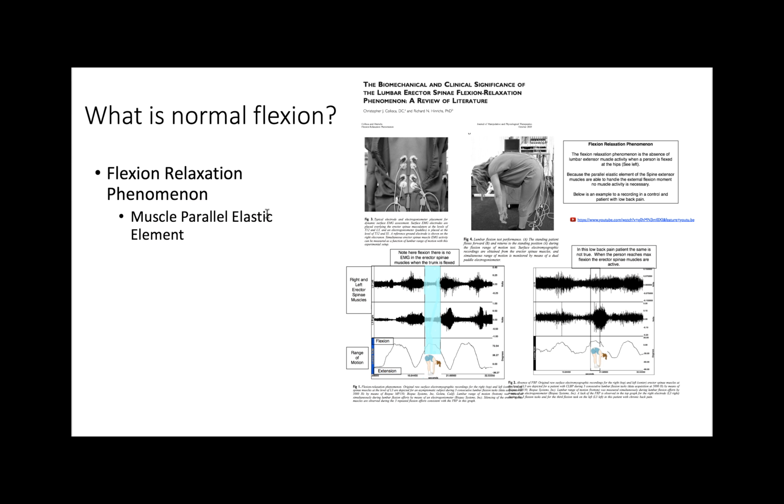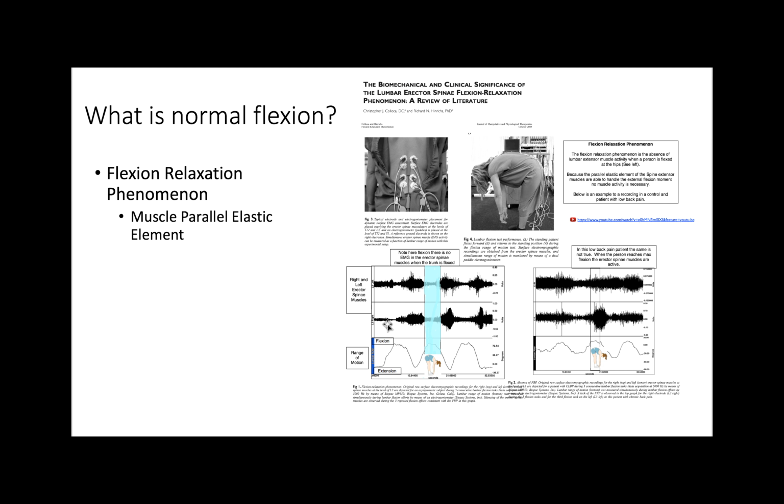So in this study, the flexion relaxation phenomenon, the tendency for the back muscles to relax when someone's forward bent like this, is being studied relative to low back pain. And what we can see here is the same kind of data where we have angle data below and EMG above, and we can see the flexion occurring, and then they're basically holding for a second, and then going back into extension, and then repeating that cycle.